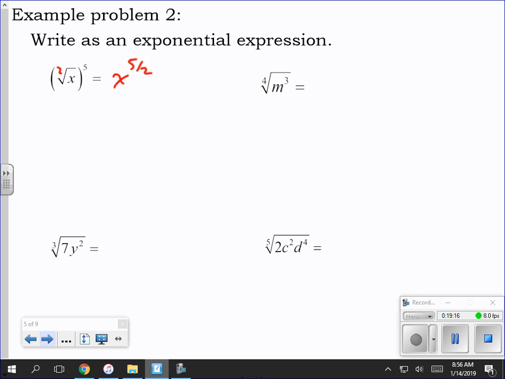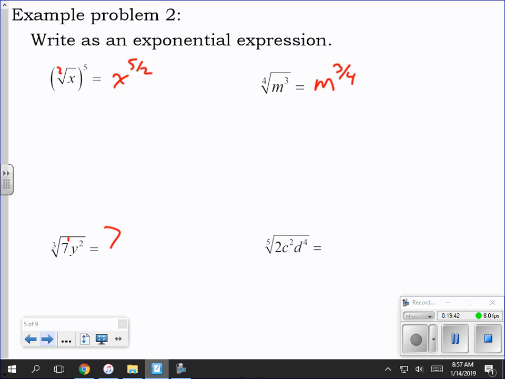Fourth root of m cubed is m to the 3/4. Same thing here. It's a cube root, so it's to the 1/3 power, and everything inside has a denominator of 3. Now the 7 that's here by itself in the front technically has a 1 for an exponent on it.